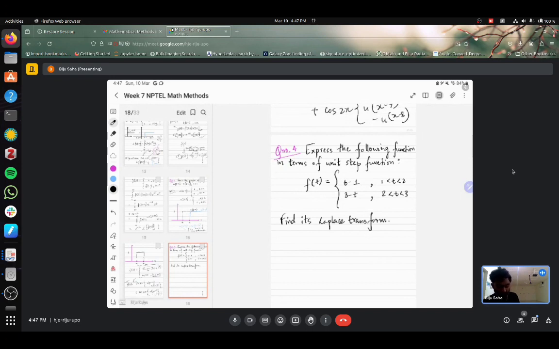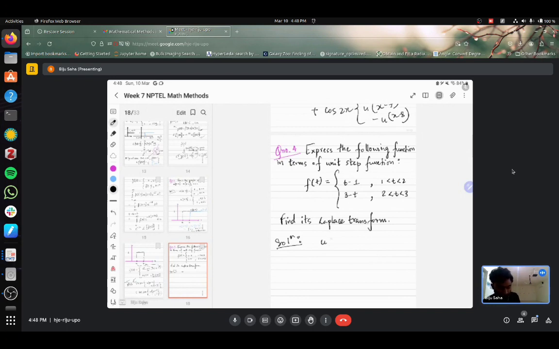So first of all let us write in terms of the first unit function. It has to be defined in which range? We definitely require two step functions. So the first one has to be defined within 1 and 2, right?